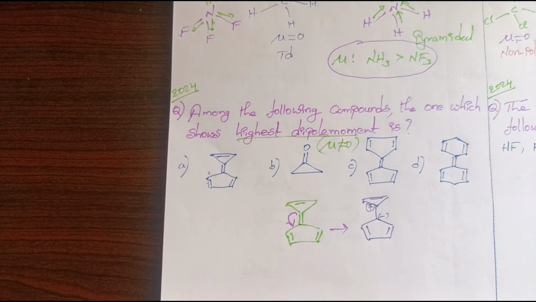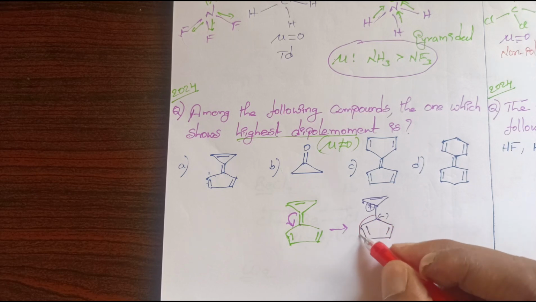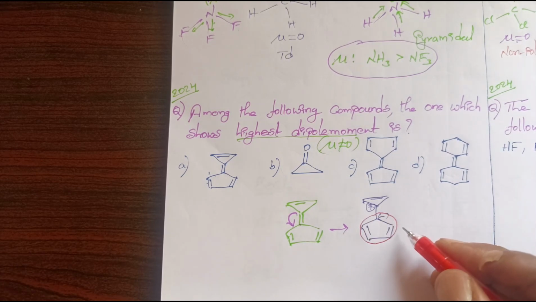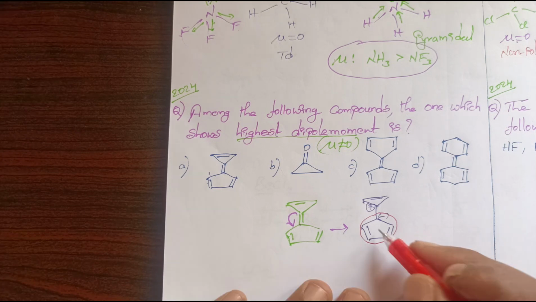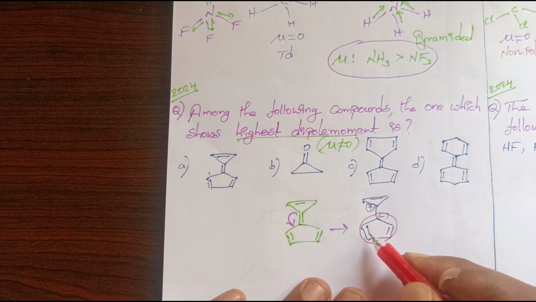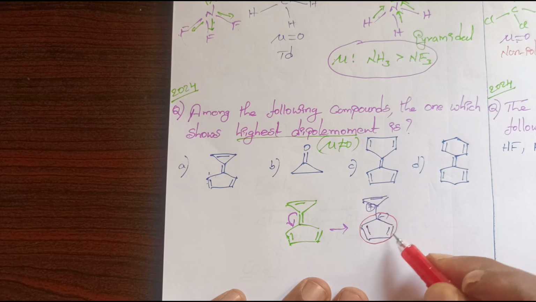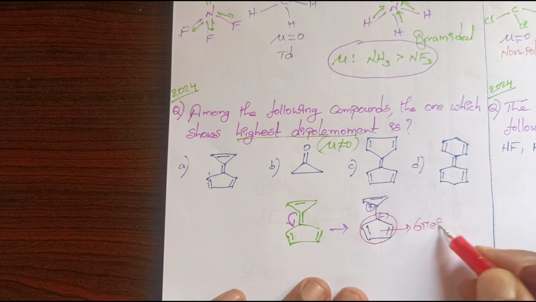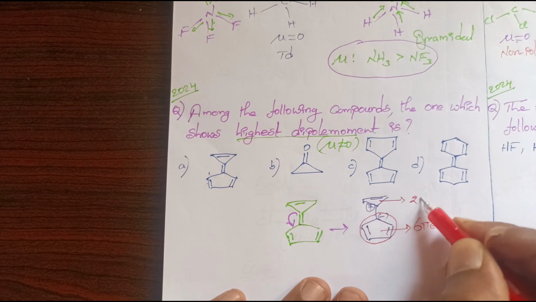Now observe how many electrons are present overall in this ring. This question is based on aromaticity, a concept I explained previously. 1, 2, 3, 4, 5, 6. A negative charge is also considered as 1 pi bond, so 6 pi electrons are there, and here 2 pi electrons are there.